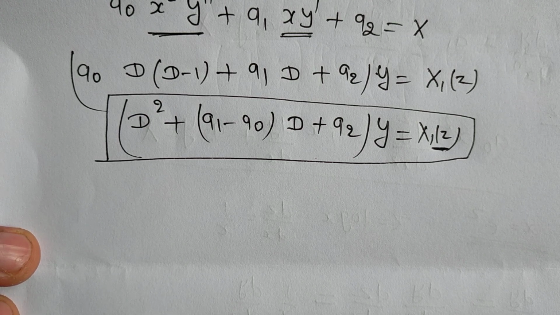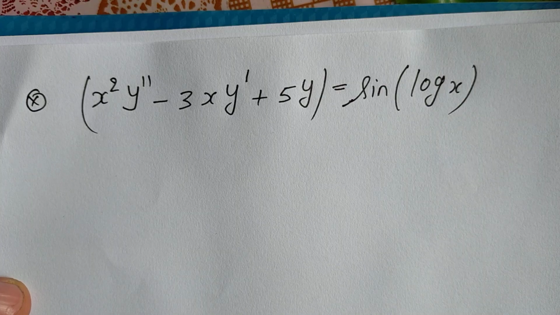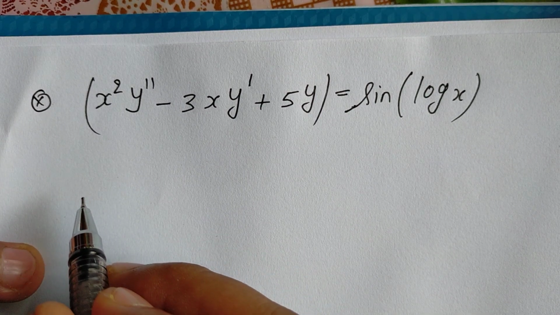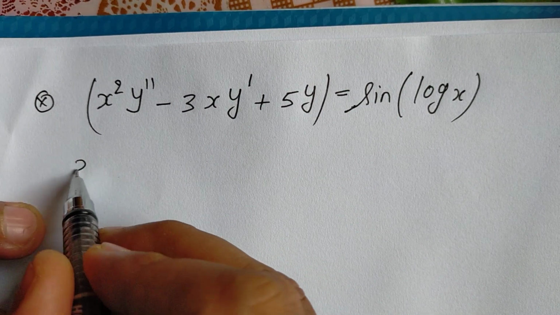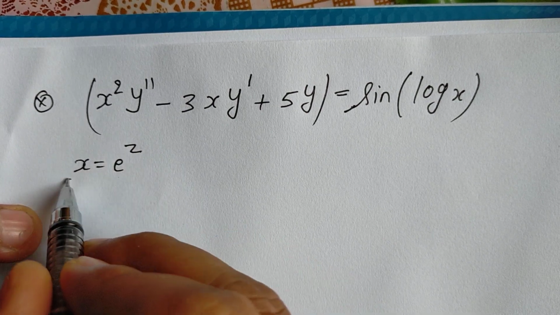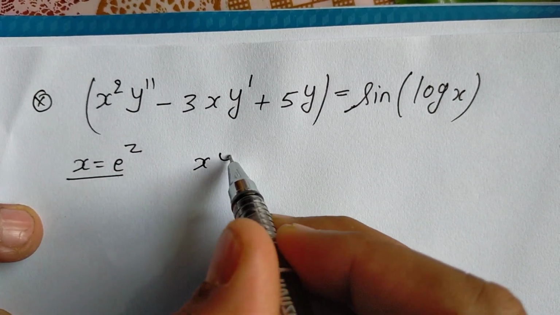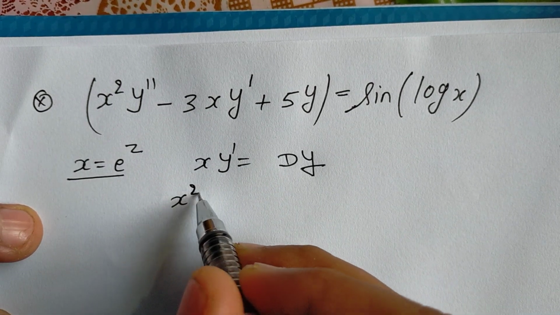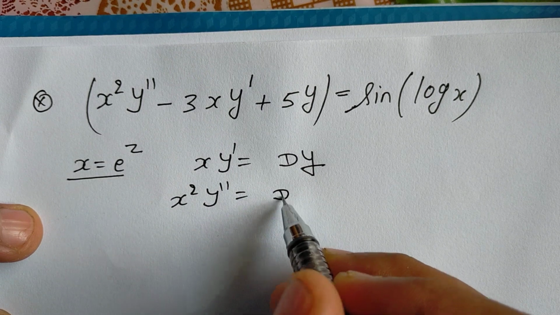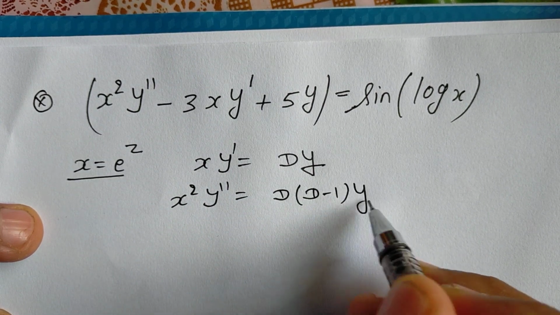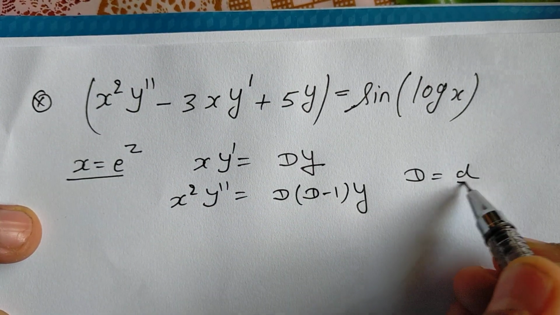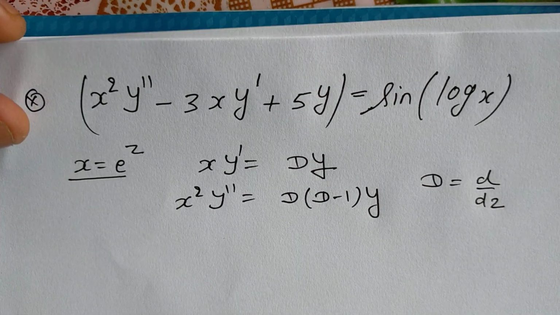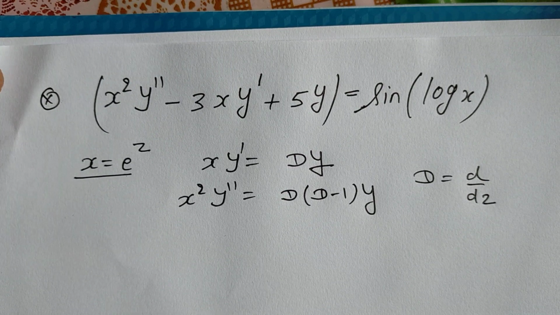Let us see with one example. So this is the given differential equation. This is the Cauchy-Euler equation of second order. So we have the transformation x equal to e power z. So x y dash will be Dy and x square y double dash equal to D, D minus 1 y, where D equal to d by dz. Now substitute this x y dash and x square y double dash in the main equation.